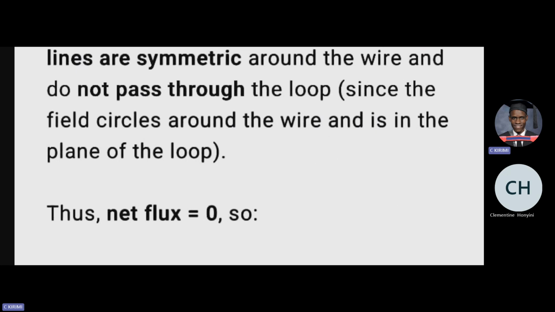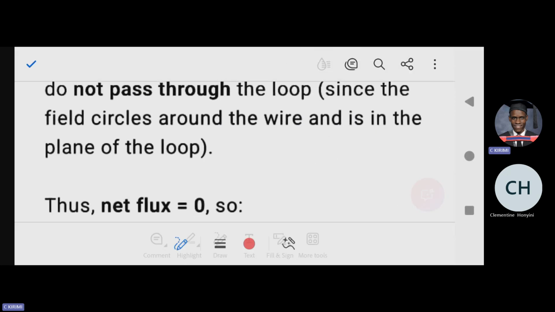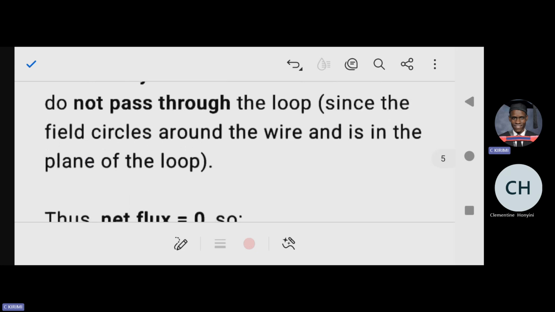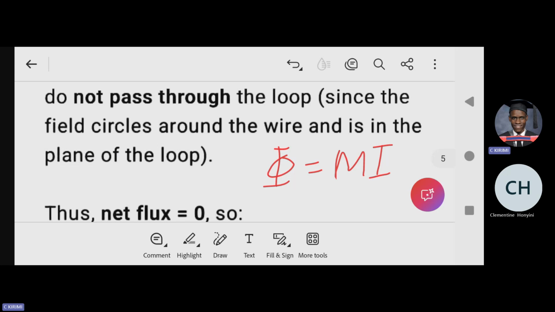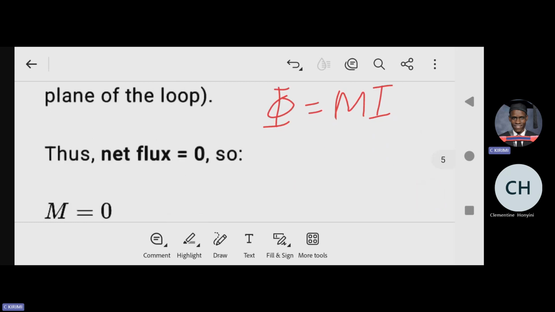Whenever you talk of mutual inductance, you involve the formula for flux, which is flux equals M times I. So we always refer to flux. So the net flux is equal to 0.